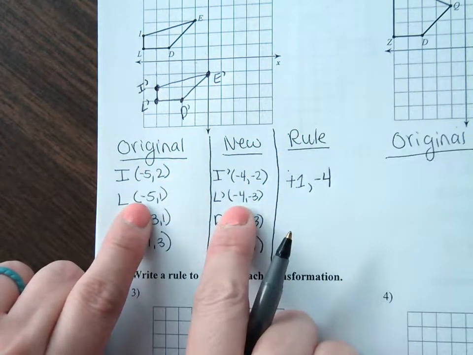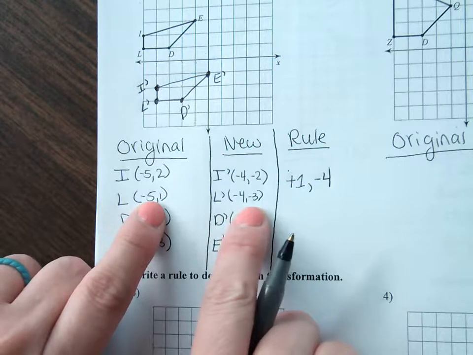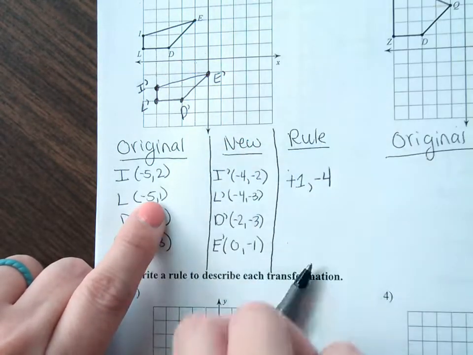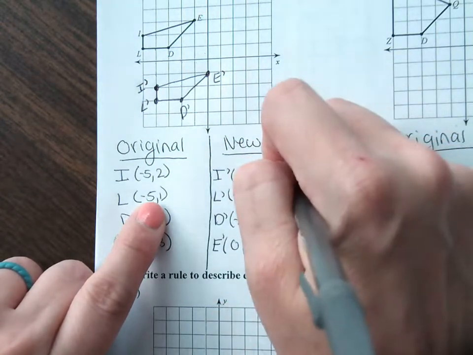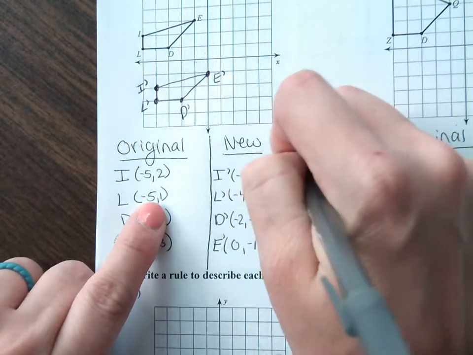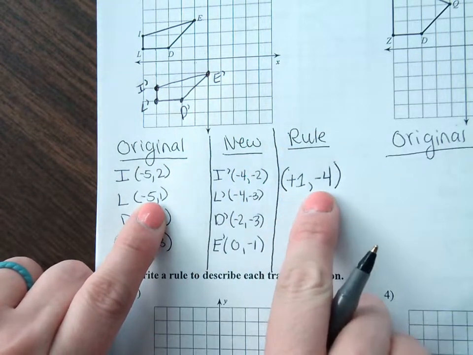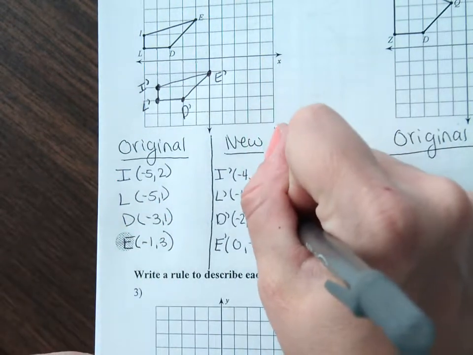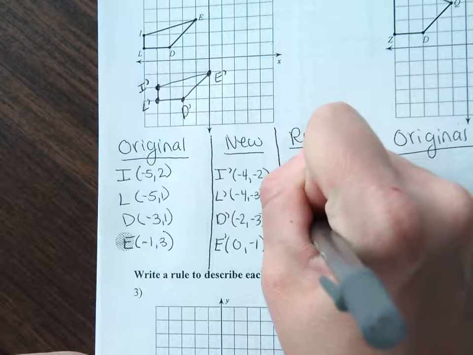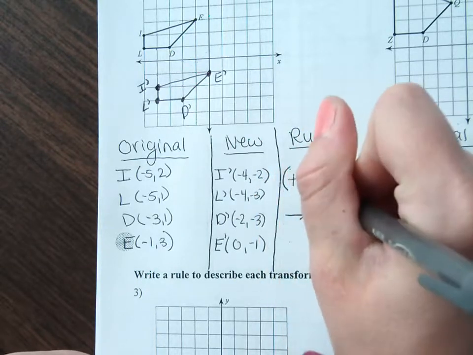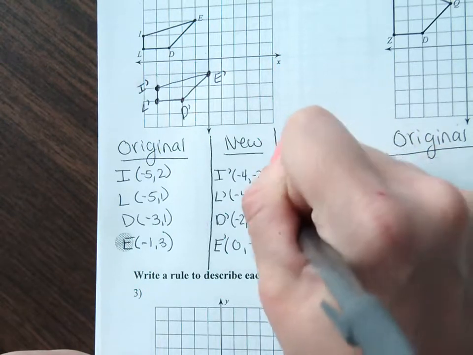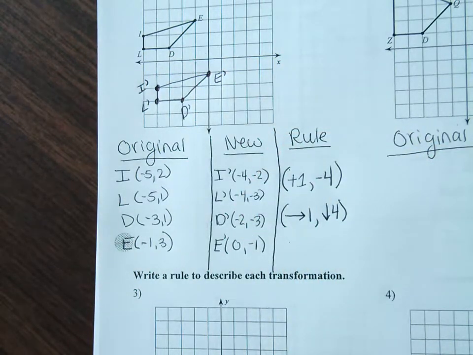Negative 5 to negative 4 is adding 1. 1 to negative 3: 1, 0, negative 1, negative 2, negative 3. Again, that's subtracting 4. So we can write our rule as an ordered pair. We add 1, and then we go down 4. You might also see it written as right 1, down 4. Sometimes your Buzz Math will do it like this as well.